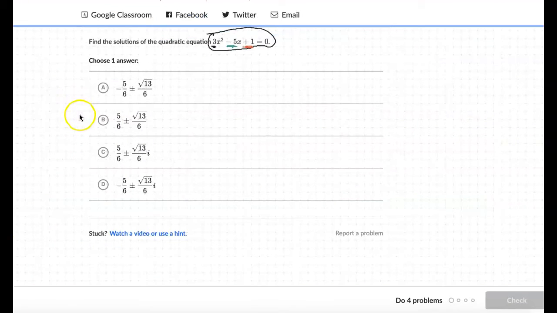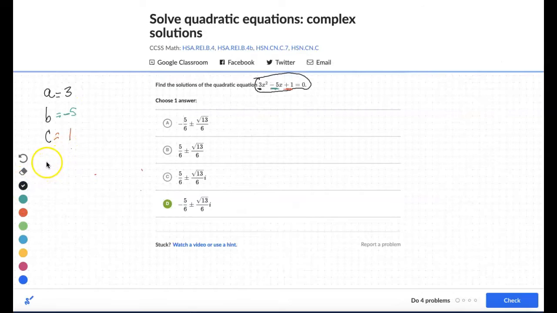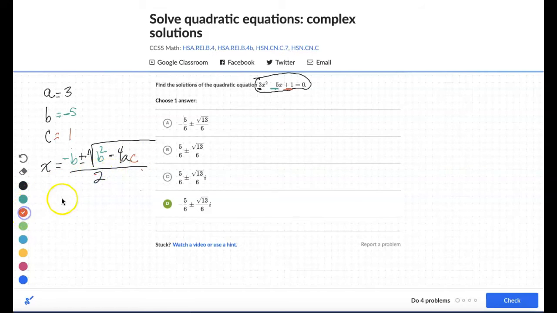Okay, what we have to do is use this a, b, and c in the context of the quadratic formula, which is x equals the opposite of b plus or minus the square root of b squared minus 4 times a times c, all of that over 2 times a.